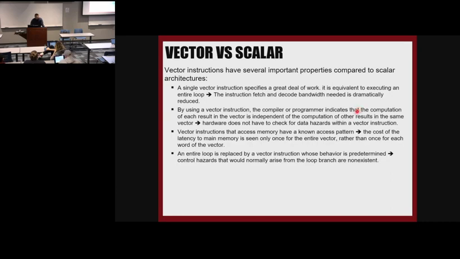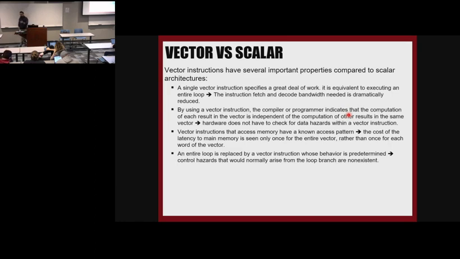Another benefit is when you don't have a loop. For example, when we use a scalar processor to run this vector multiplication loop, we have to create a loop, right? When we have a loop, it means that there's a possibility that we can get control hazards, right? The whole idea of branch prediction.